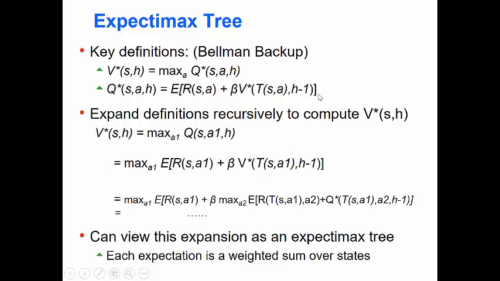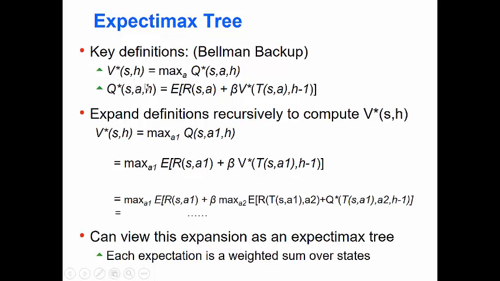So we've all seen this in the past. And you could keep on expanding this, as we see here, in a recursive way. And a recursive implementation of this would literally just have recursive calls that bottom out when h is equal to 0. So you could implement that in a few lines of code, more or less. These are your definitions.